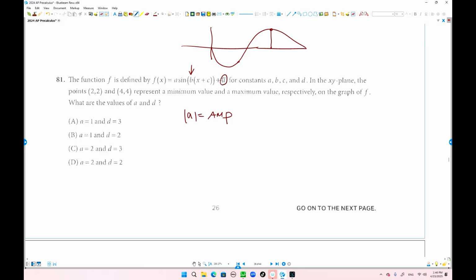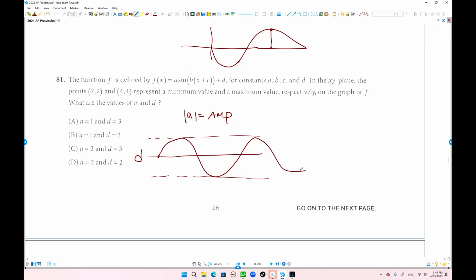So midline over here, this is D. Up line, bottom line, the graph is a sine. Maybe you can use the sinusoid. This is 2.2, the minimum. The maximum is 4.2.